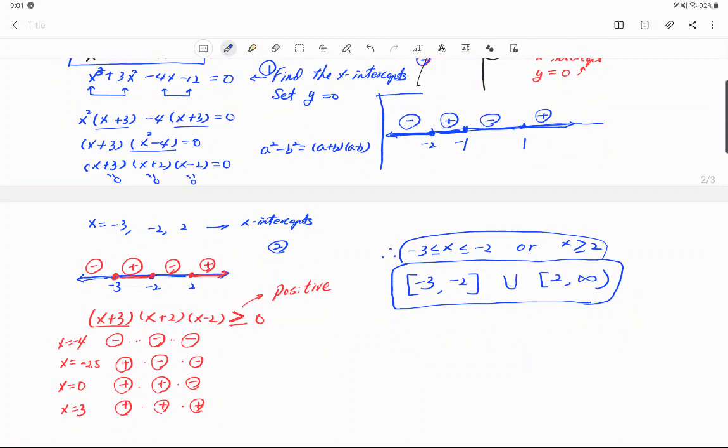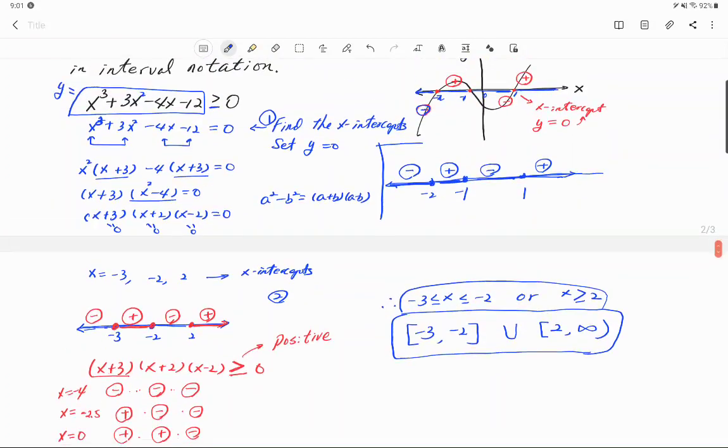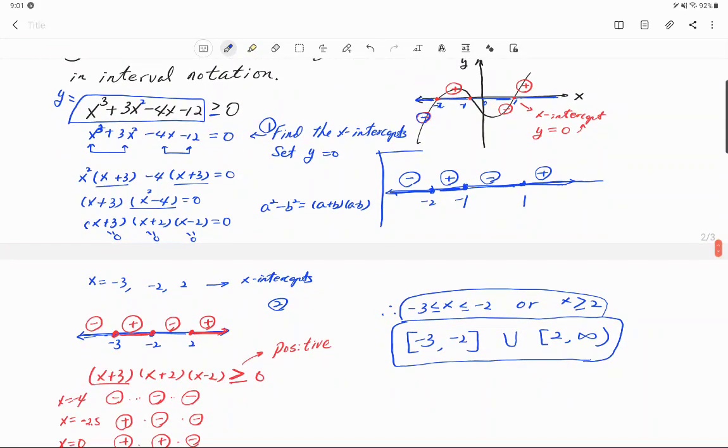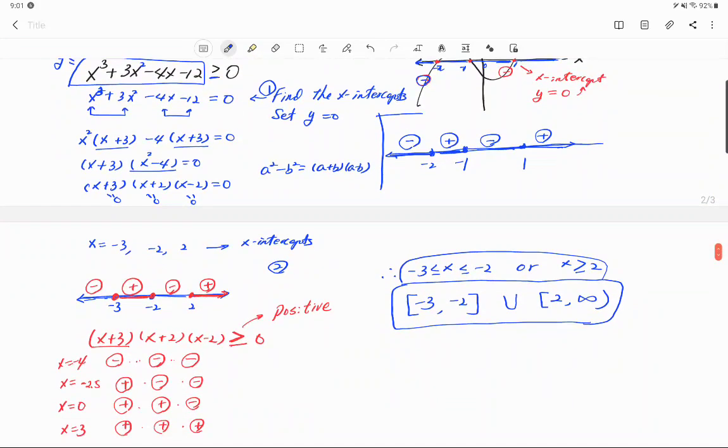If the y values are positive, then those x intervals are the solutions in this case. If the expression is less than 0, that means negative, so we would look for the intervals where the y values are negative. But in this case, y values are positive, so we look for the intervals where the y values are positive. Then they are the solutions.